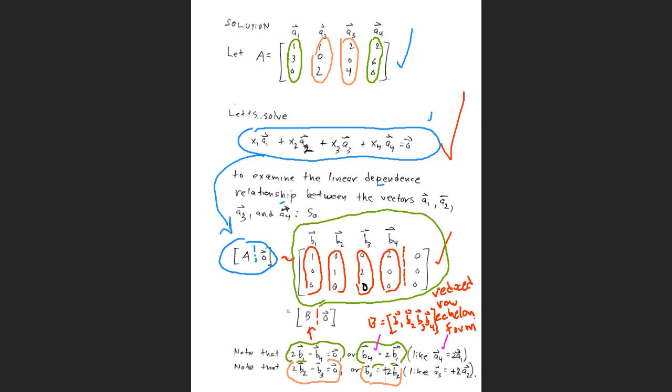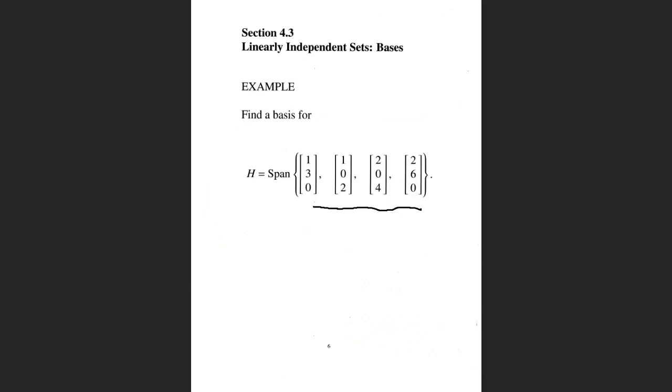In other words, if I go back here, here's our space H. Here are the 4 vectors, A1, A2, A3, and A4. Which vectors are needed to form a basis for that space H?